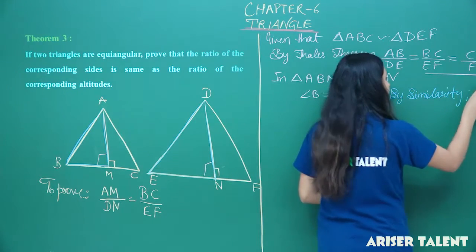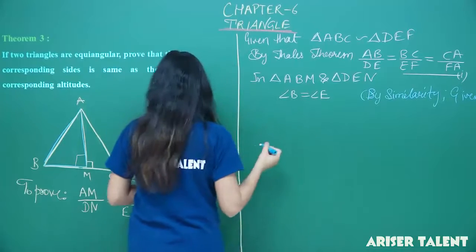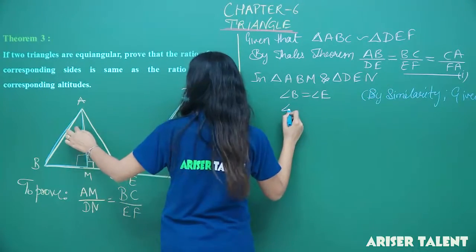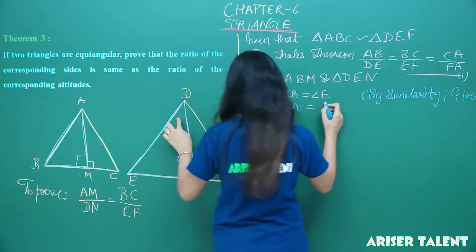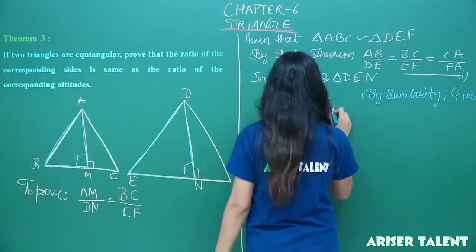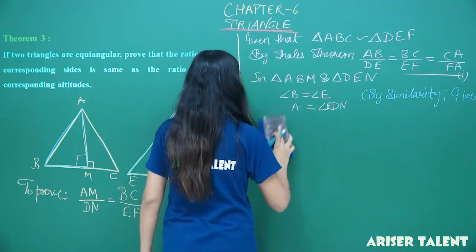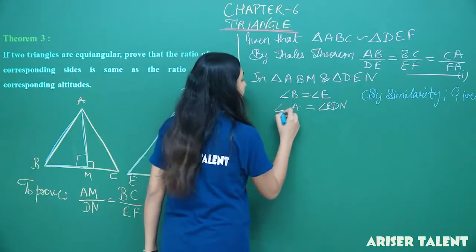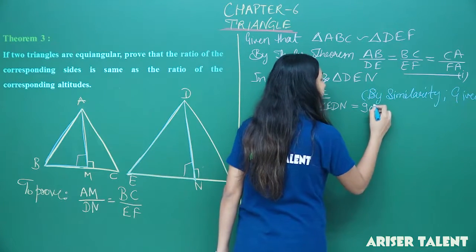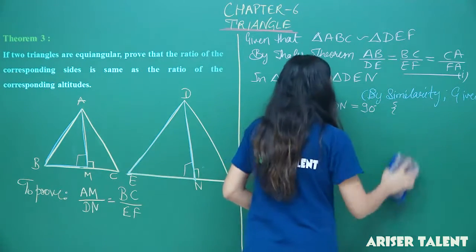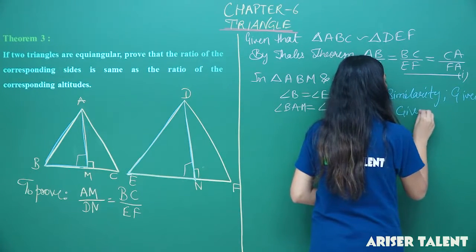You can also say it is given. And angle A is equal to angle D, that's EDN, and that is the complete angle BAM. And why? These are equal to 90 degrees, given altitudes.